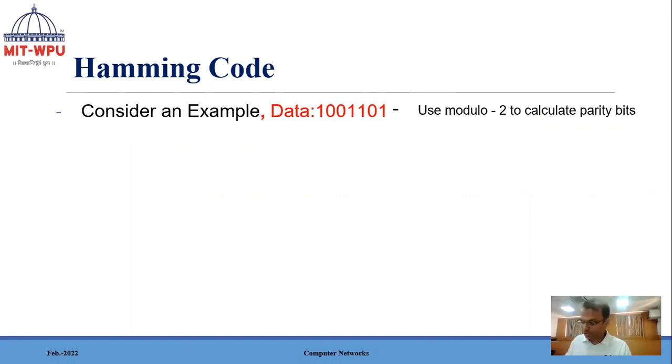Let us use this example. What is the number of data bits here? 7 bits of data. So for 7 bits of data, what will be the value of R? 4. It should be 4 only, because we have already seen this.